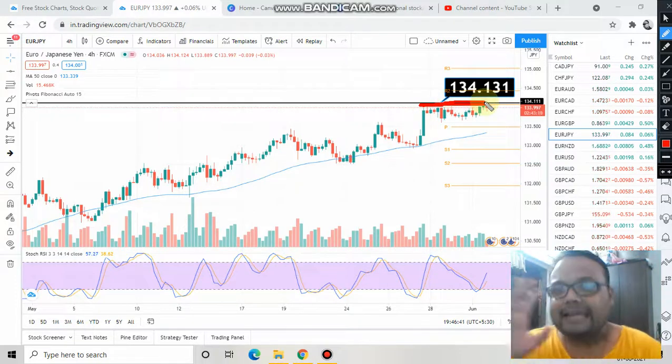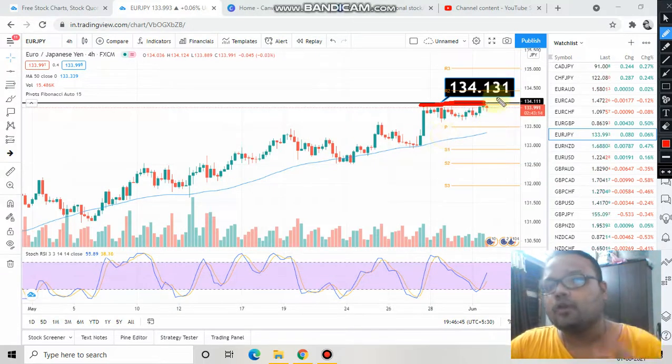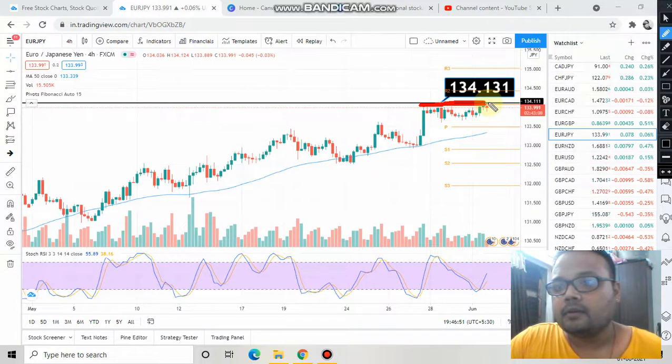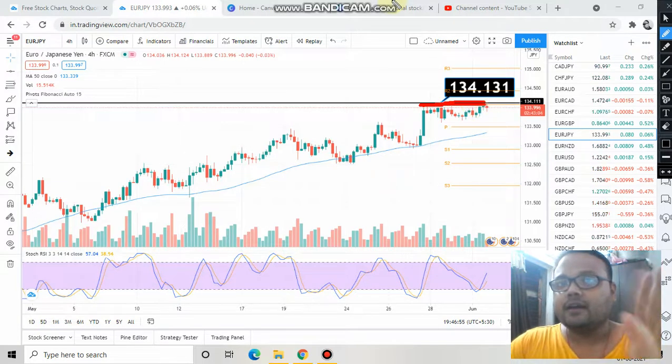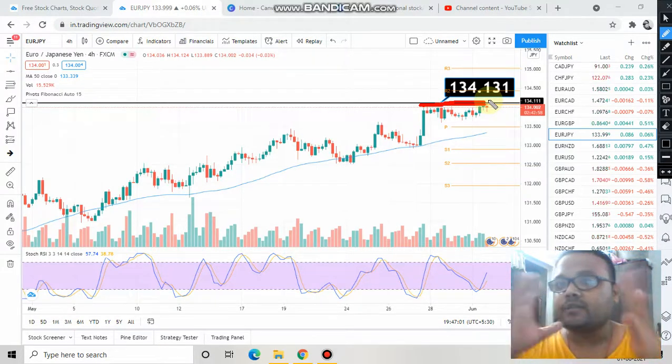In case the market does not come down to the support and goes up from here, then also you'll get another opportunity to buy. But again, confirmation is important. Do not buy immediately. Wait for at least 4 to 6 hours and just observe the price.